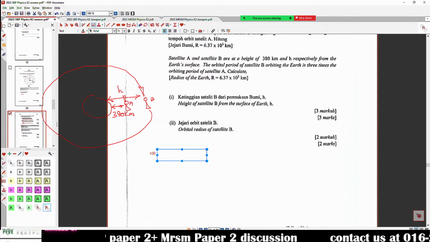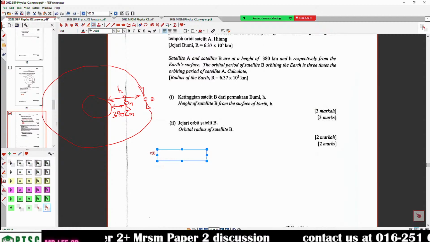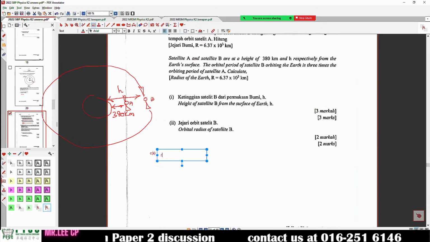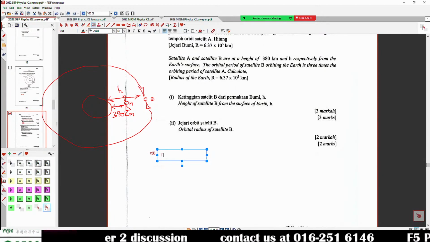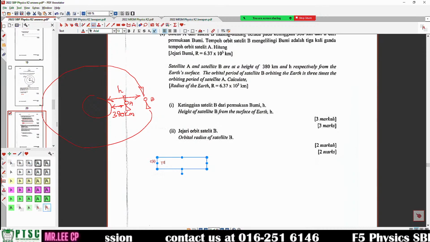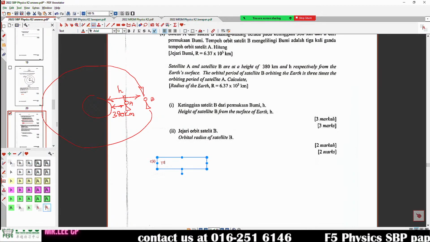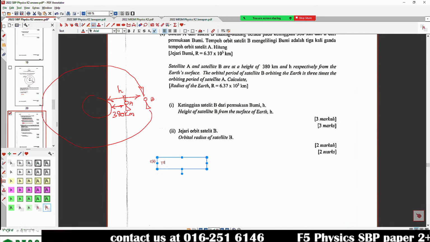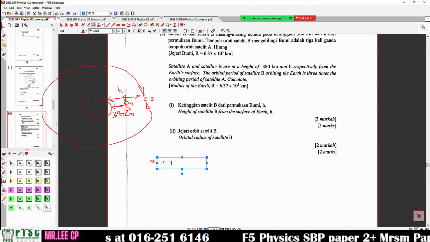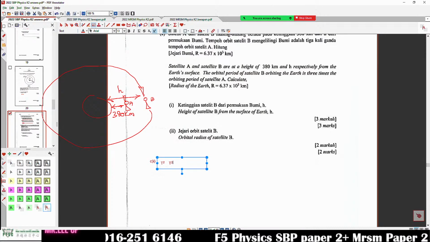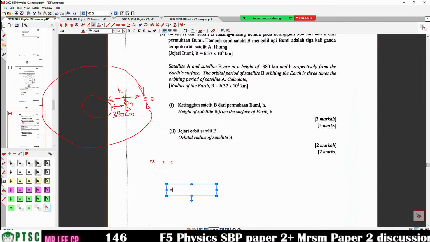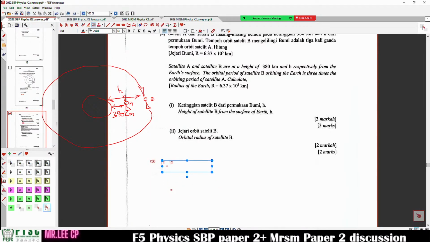So we know that Kepler's law says T squared over r cubed is equal to T squared over r cubed. I write the parts that I can first, and then in the middle it is equal, r cube and r cube.